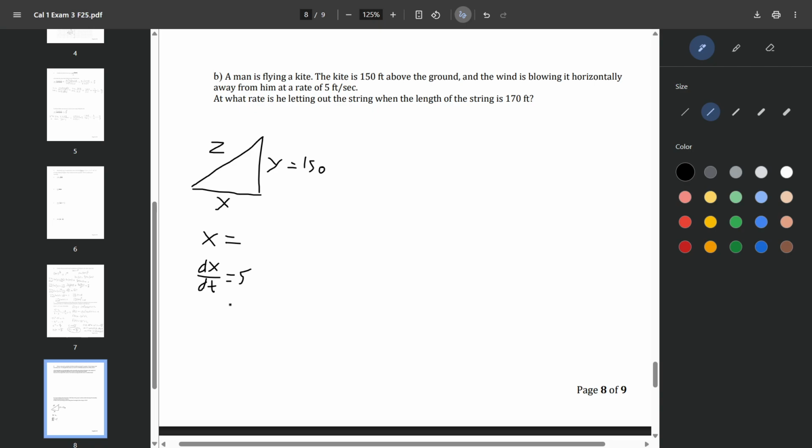So next is our z, and let me put a line in the middle so we don't confuse it with 2.